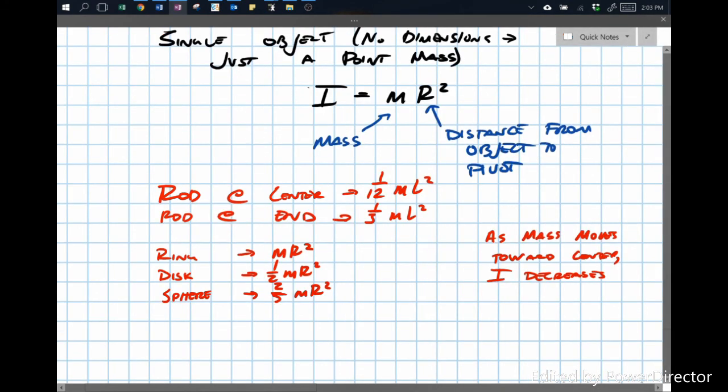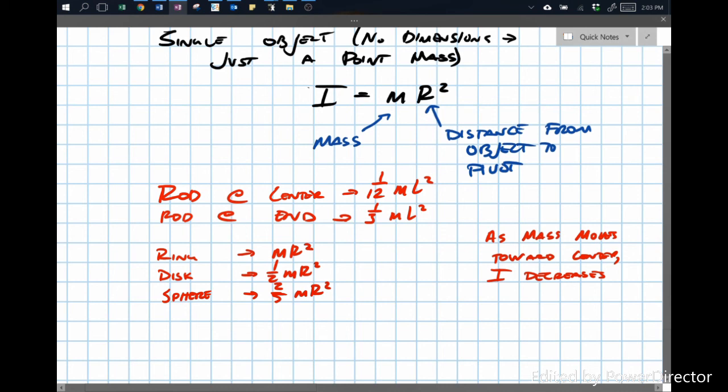Now, life's not fair, and sometimes objects are not rotated about their center of mass. So we have to use the parallel axis theorem. For when an object is not rotated about its center of mass, we have to do this.